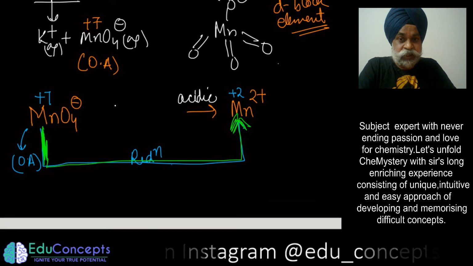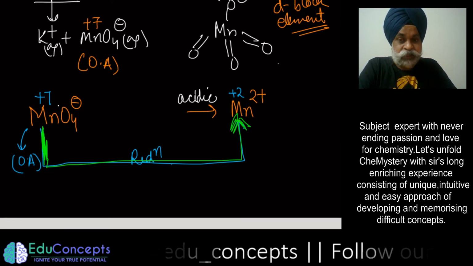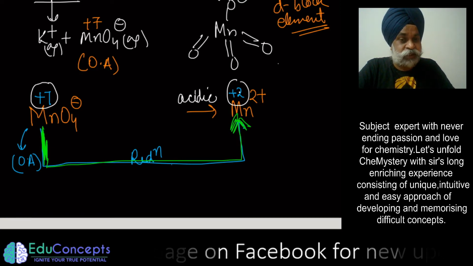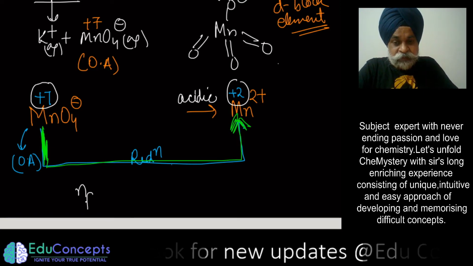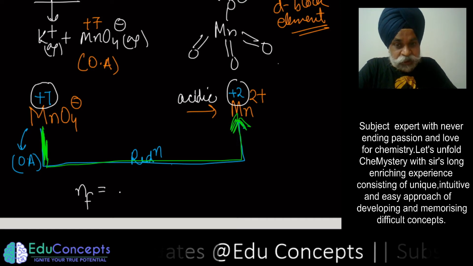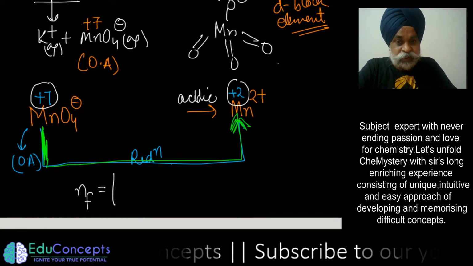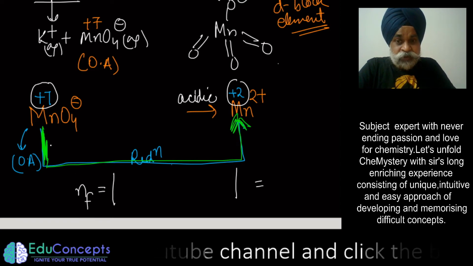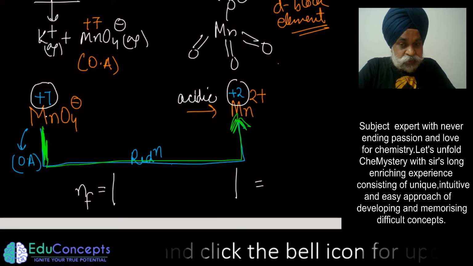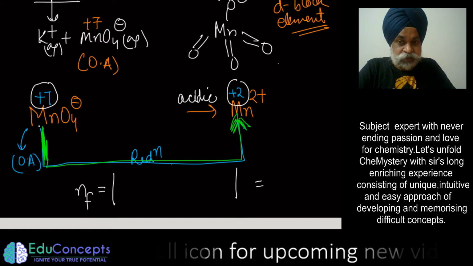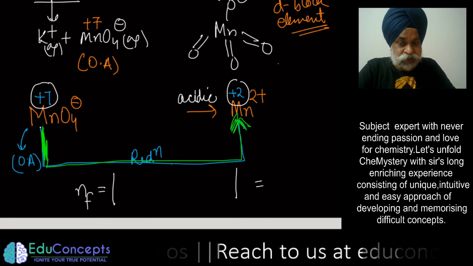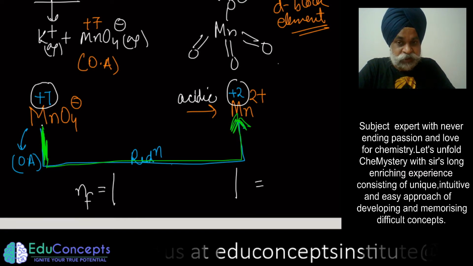So now see here, another way to find the N factor if you have written the oxidation states is by doing this way. आप ऐसे भी कर सकते हो. This is another intuitive way I could tell you: you have to take a mod and pick that element whose oxidation state is changing. So here manganese 7+, manganese is the species which is undergoing change in oxidation state.